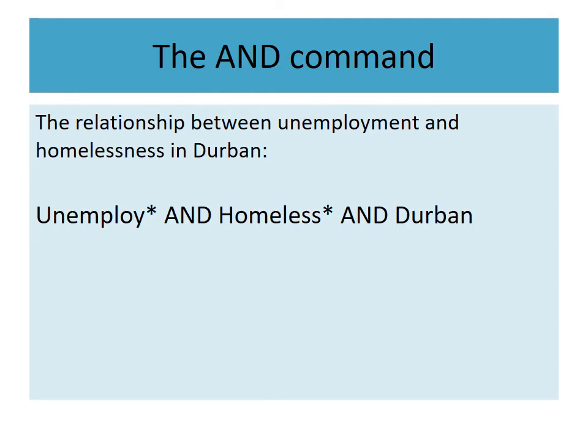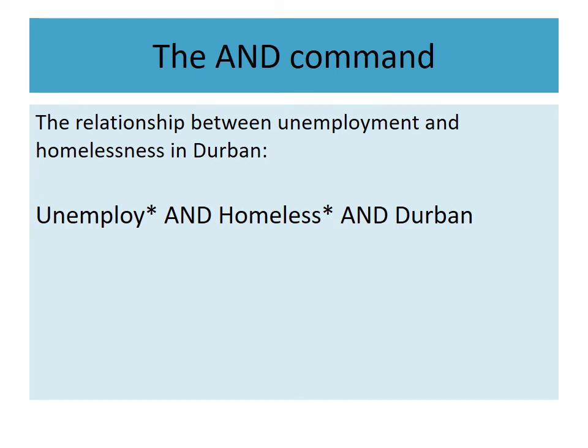The AND command. Say now you had to search for the relationship between unemployment and homelessness in Durban. You would firstly identify your keywords. Unemployment, homelessness, Durban. So you are going to join them with the AND command.